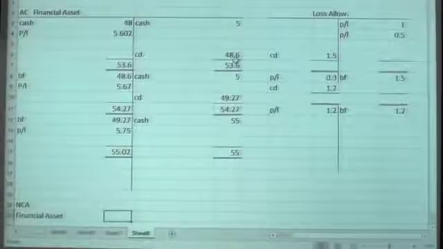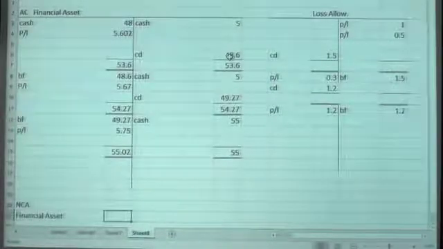Let's take the value for the first year end, that is the balance 48.6. Therefore, under non-current asset, you will present your asset value. Then, since this is an amortized cost financial asset, you will present that loss allowance as a deduction from this asset.